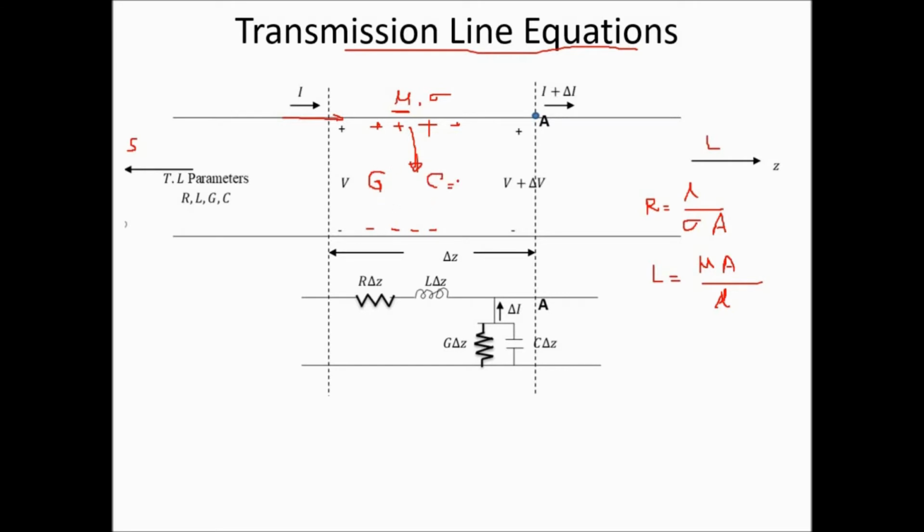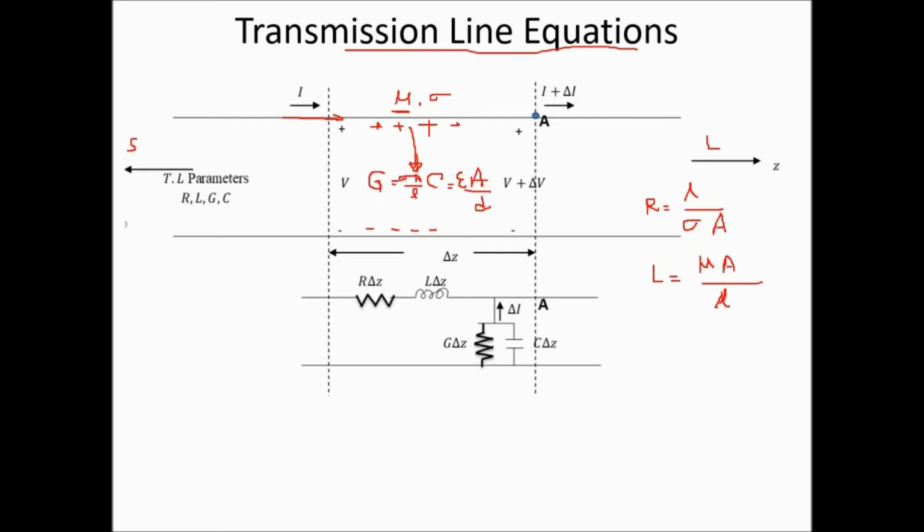So C equals epsilon A over D. Epsilon is the permittivity of the dielectric material, and also you can find G. G will be just the opposite, sigma A over L.